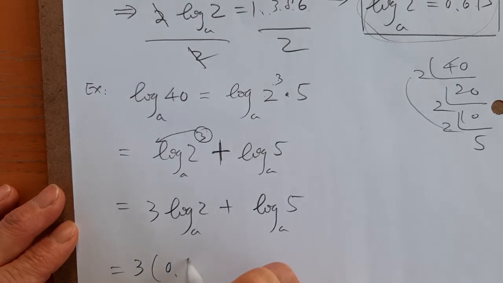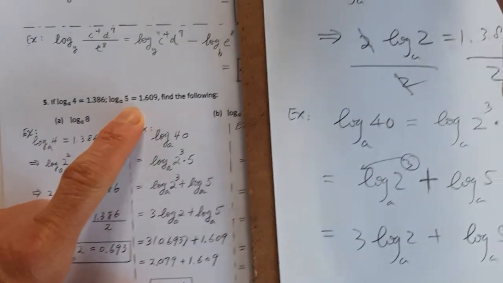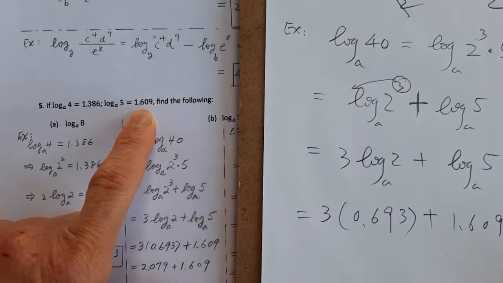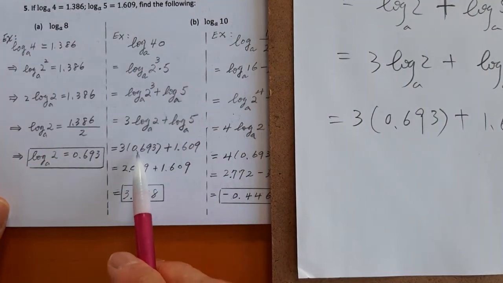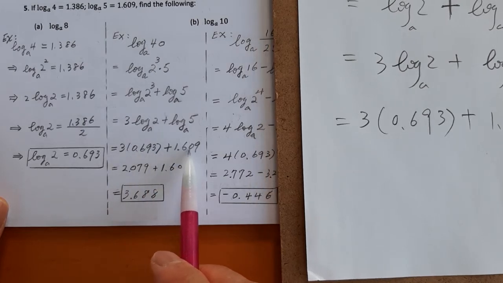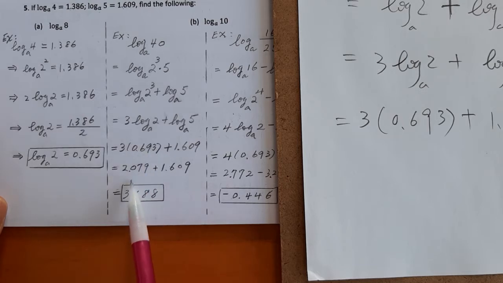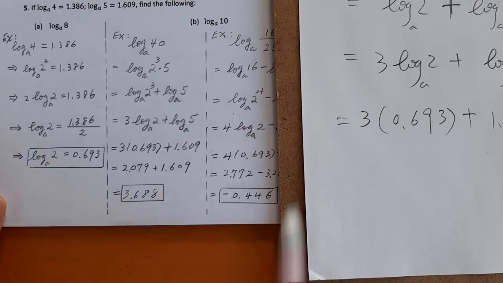Add log 5, which the question gives as 1.609. So you get 3 times 0.693, which is 2.079, add 1.609. Added together it is 3.688.